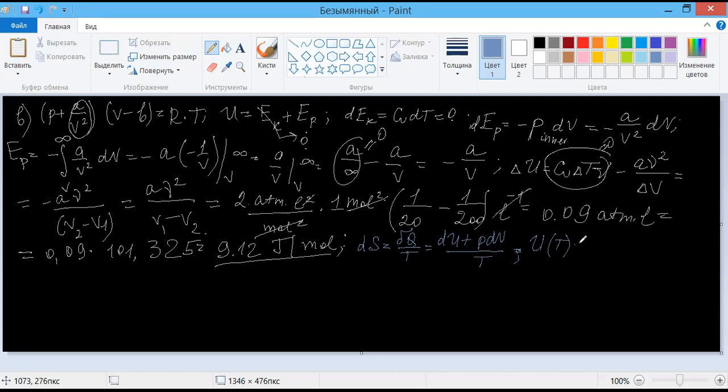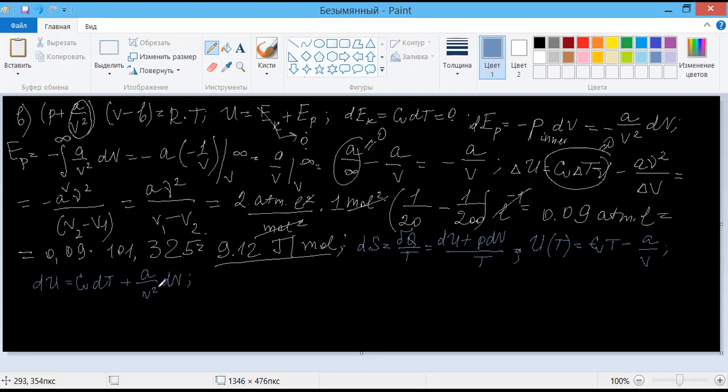So, it equals CV times T minus A over V, okay? And if we differentiate it, because we need the differential of internal energy, so we will get CV times dT plus A over V squared times dV.